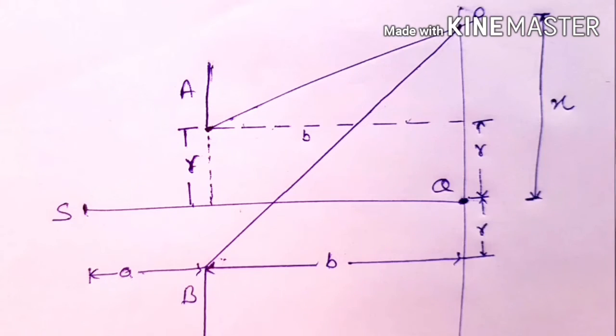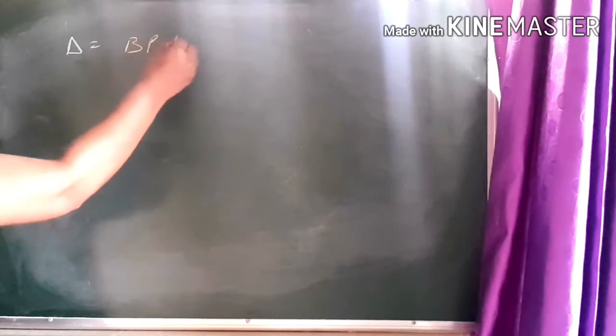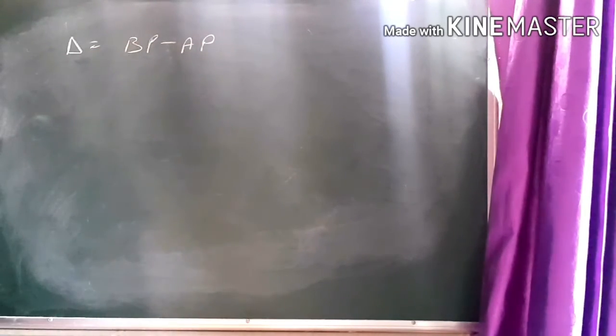Now, intensity at any non-axial point. Suppose P is any non-axial point on the screen, x distance apart from the point Q. Now we have to find the path difference between the ray AP and BP. In this case path difference is BP minus AP.